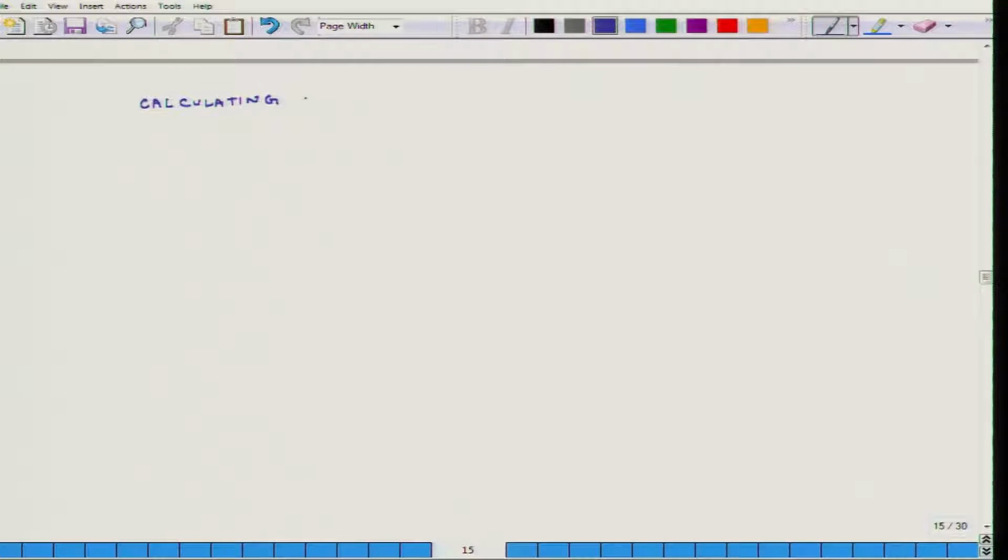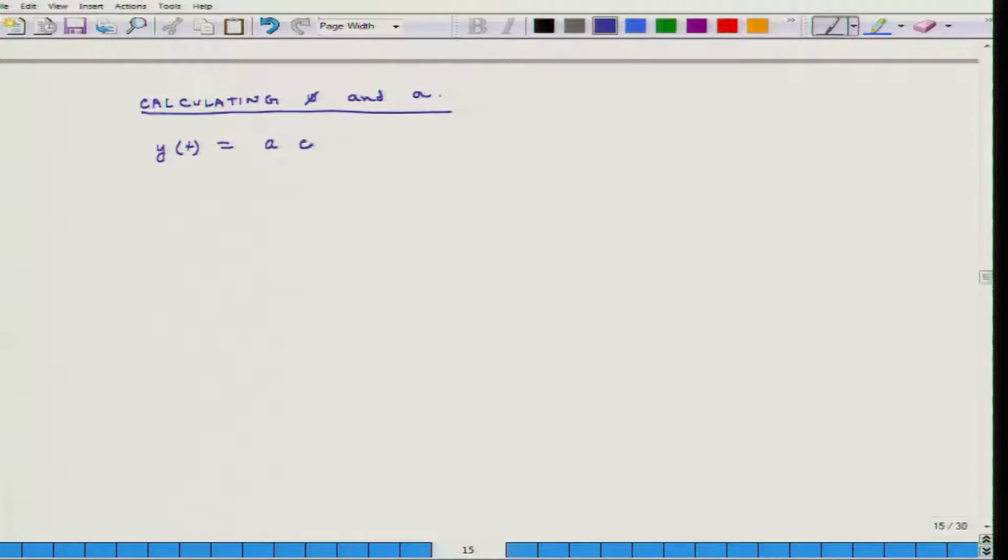Calculating phi and A. This is the other part. Okay. So, several times, suppose there is one signal which has just a single frequency, I write y(t) as A cosine(omega t minus phi).